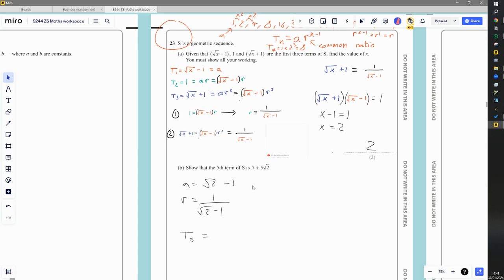So it's going to be a multiplied by r to the power 5 minus 1. And a is this. And then it's going to multiply out by this, which means it's just dividing by this.